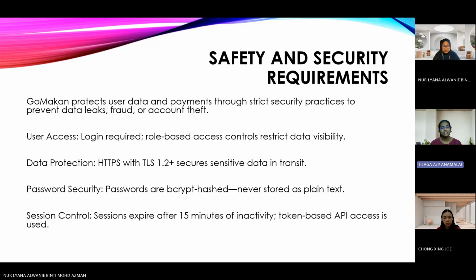For data protection, HTTPS with TLS 1.2 secures sensitive data in transit. Next is password security. Passwords are bcrypt hashed and never stored as plain text. The last one is session control. Sessions expire after 15 minutes of inactivity, and token-based API access is used.